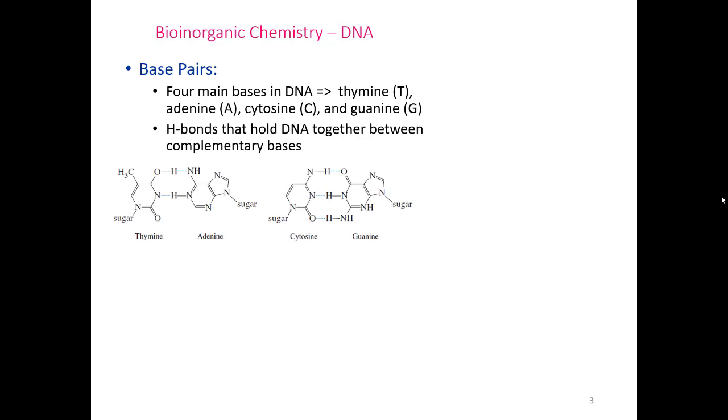The reason they are called base pairs is because they preferentially hydrogen bond to only one of the other bases, or the proper complementary base.